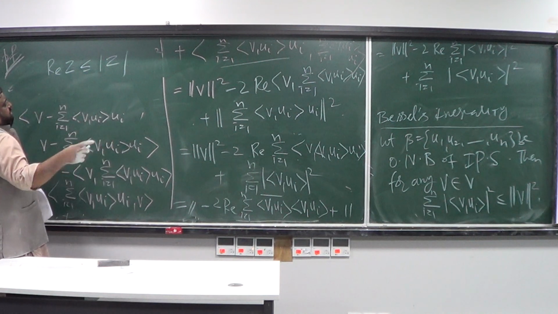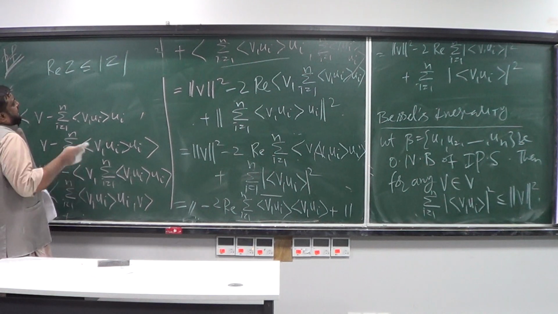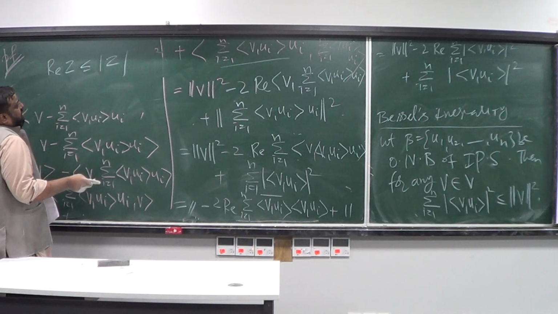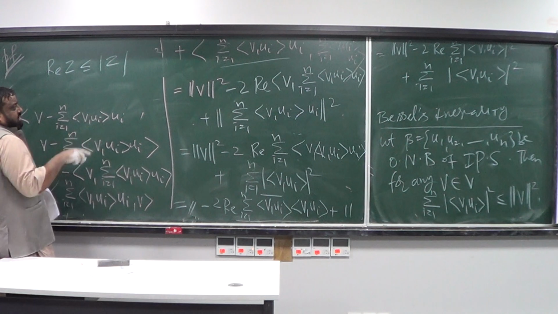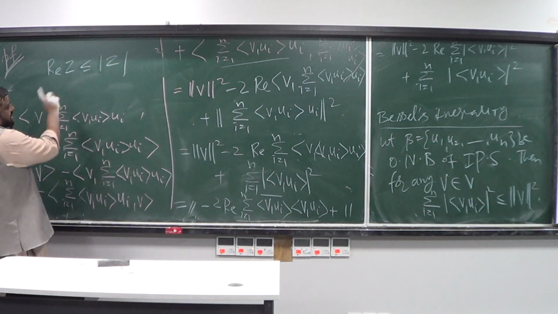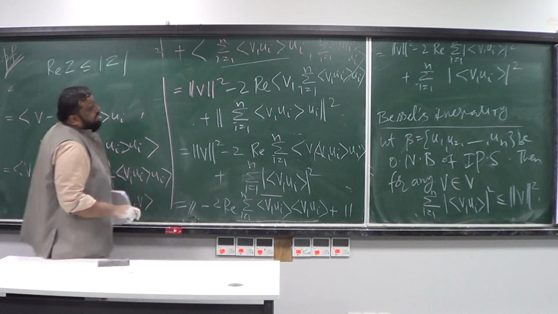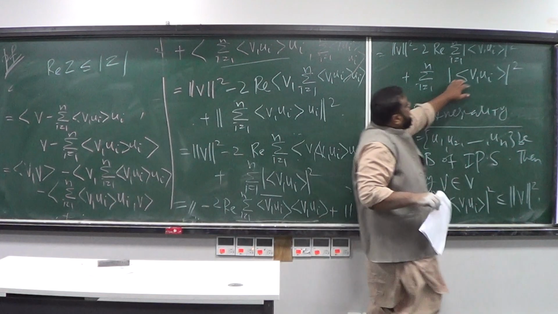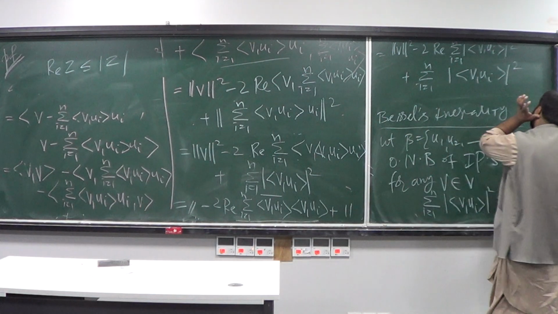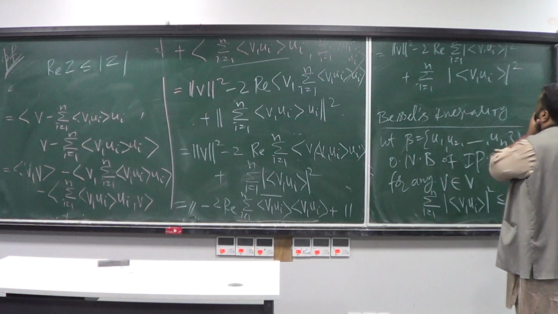So if z is x plus iy, then x is always less than or equal to the square root of x square plus y square. So this identity holds.